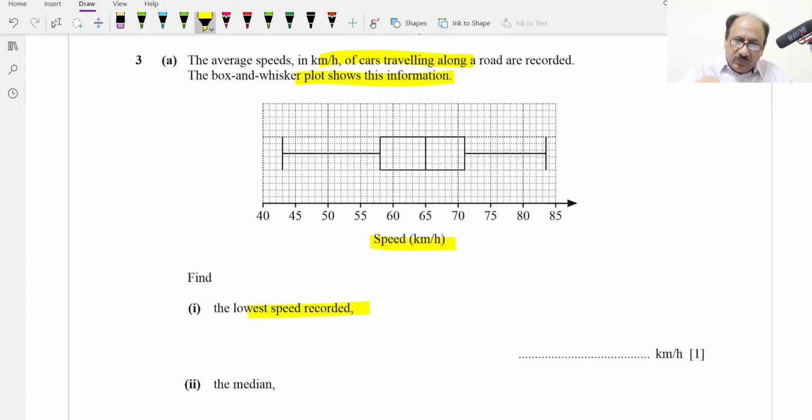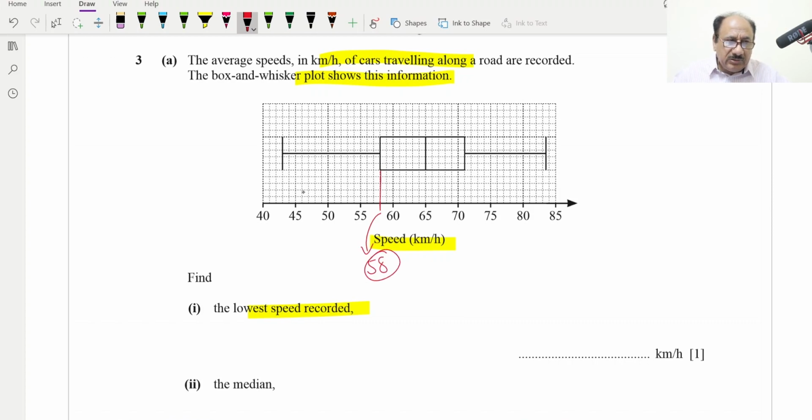The lowest speed we have to write, and you can check this one. This is the lowest speed. We can check this mark. If I draw this one for your explanation, this mark will be over here. So 55, 56, 57, 58, this will be the 58 mark.